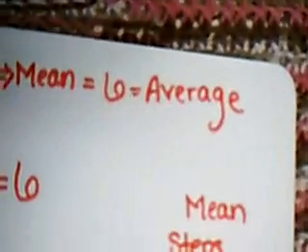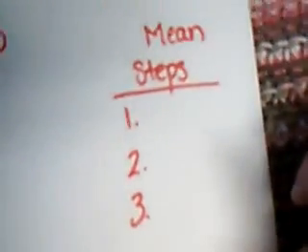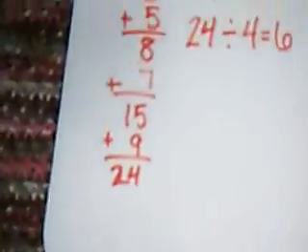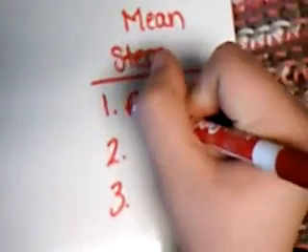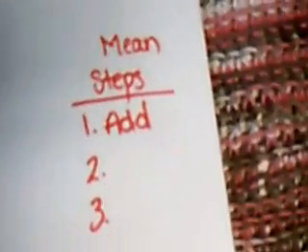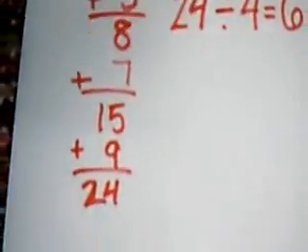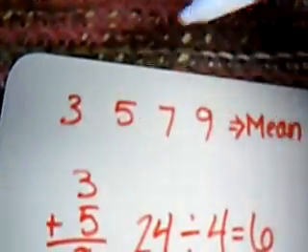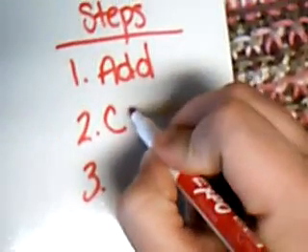Okay, so now as you notice, we had some steps in solving these problems, and we're going to call them today the mean steps. Okay, and so we have 3 of them, as you can see right here. Now if you look back at this problem, our very first step here was to add all of that up. That is our step number 1. Okay, you add up all these numbers. The next step we found out was to count. We had to count how many numbers were included, and like before, you had to count how many columns were involved.